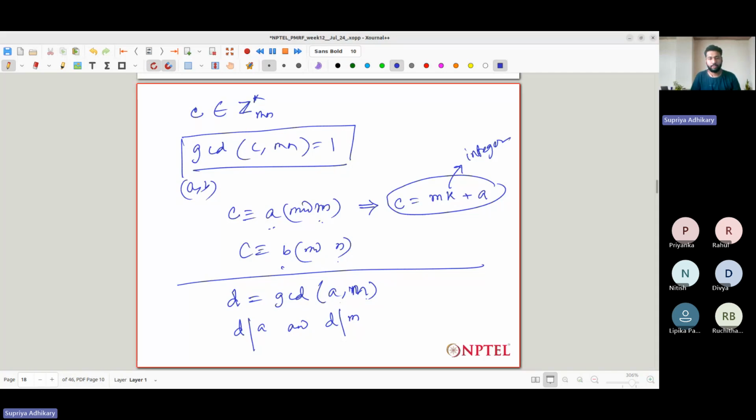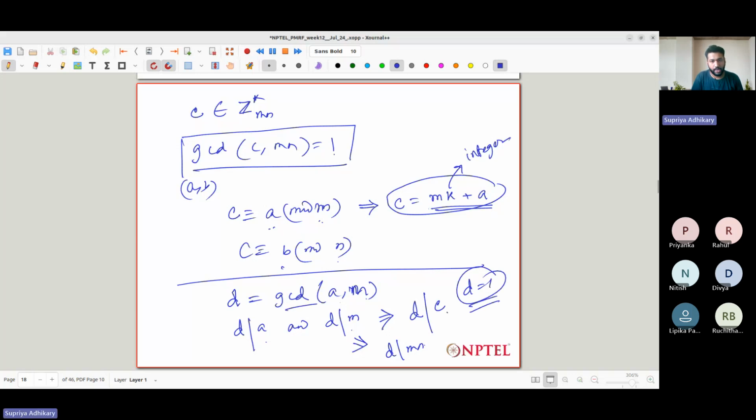This is the greatest common divisor, but first of all it is a common divisor. Since both a and m are divisible by d, this term over here is also divisible by d. So that means d divides c. Now d divides m, so this implies that d divides mn. So d is a common divisor of both c and mn. But we have assumed that the greatest common divisor of c and mn is 1. So therefore, d must be 1.